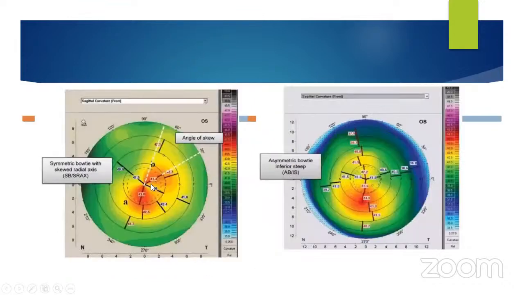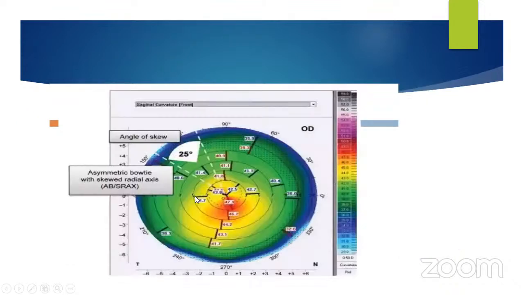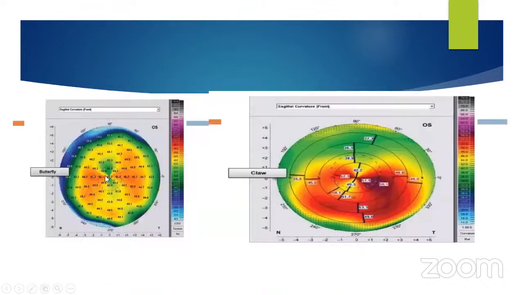And this is symmetrical bow tie with the skewed radial axis. And this is an asymmetrical bow tie with inferior steepening. This is a symmetrical bow tie with skewed radial axis. And this is butterfly pattern and crab claw pattern, which is commonly seen in pellucid marginal degeneration.